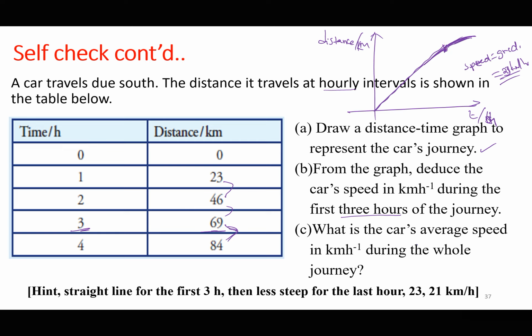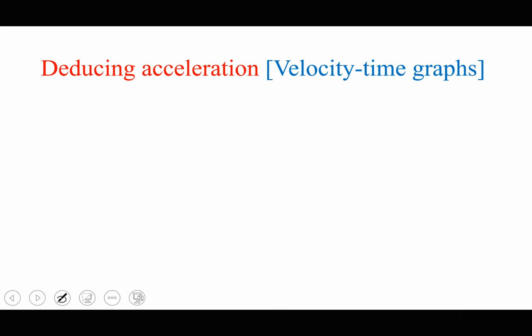What is the car's average speed in kilometers per hour during the whole journey? Of course, the average speed is total distance over total time. So you can plot the graph on a graph paper just for practice. Then let's talk about deducing acceleration.